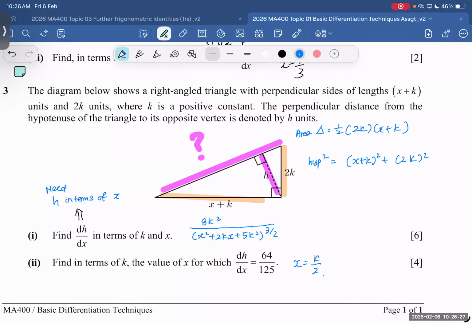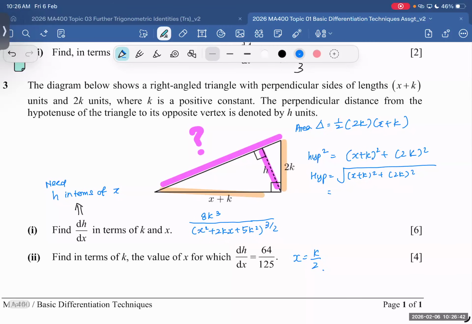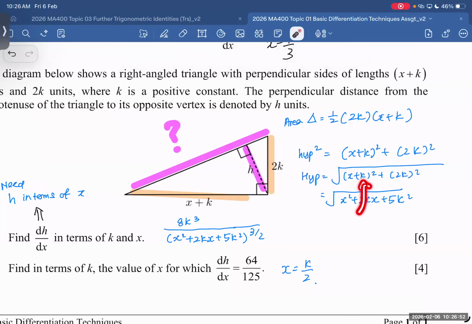So what's the hypotenuse? It is the square root of (x plus k) squared plus (2k) squared. Simplify this. You should get x squared plus 2kx plus 5k squared, because here you have k squared, here 2k squared, which add up to 5k squared.